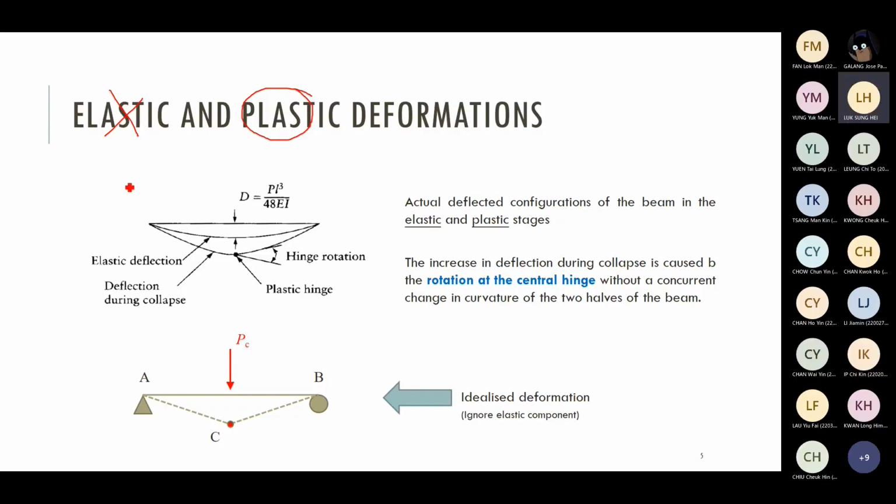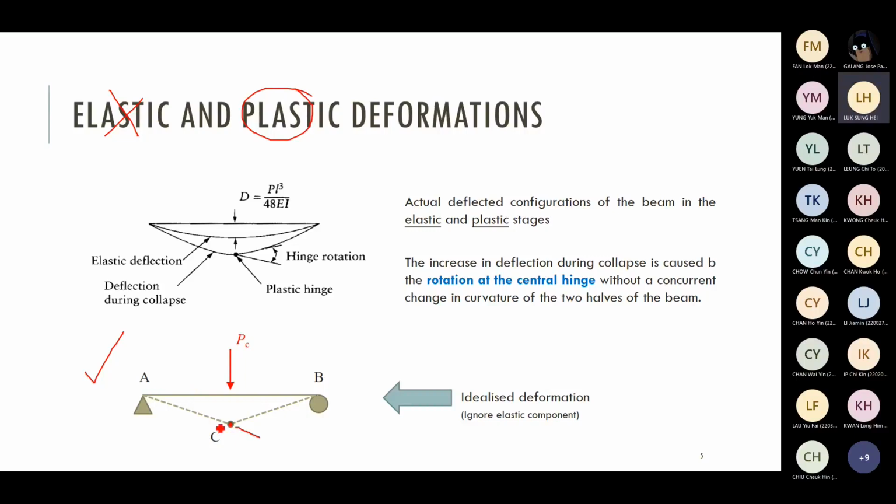If you ignore the elastic deformation and only consider the plastic rotation at the plastic hinge, then what about the deflection shape? The deflection shape becomes this one. You have only the plastic rotation at the plastic hinge.